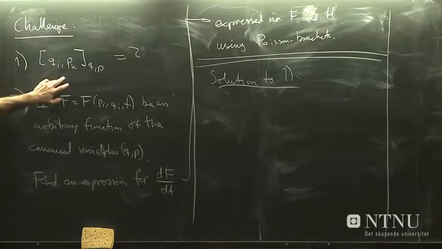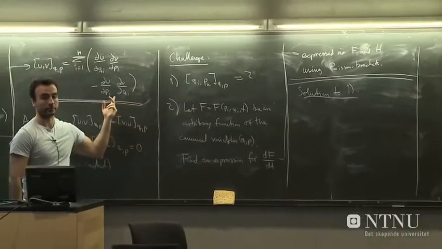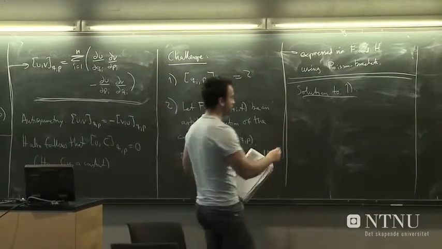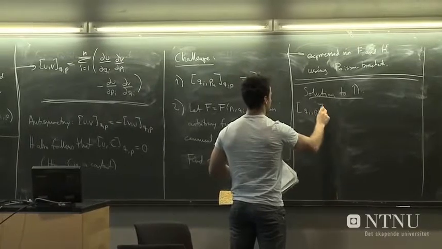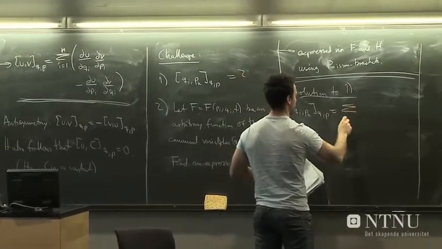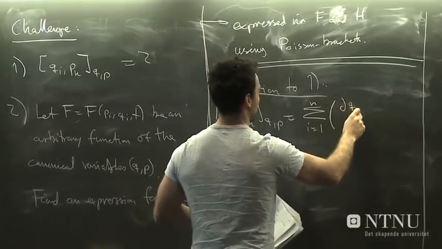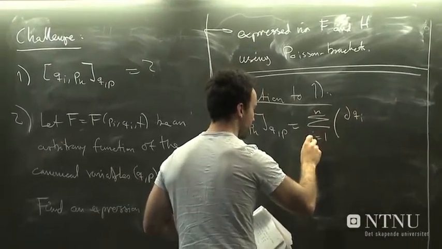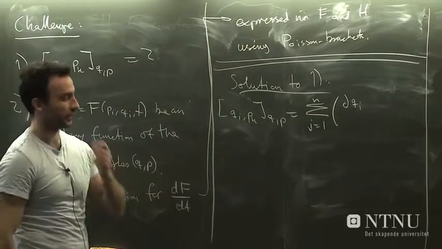Well, the first step, I guess, should just be to insert our functions into the definition. So we obtain, and I should use a different index here, j for instance, as a summation index.